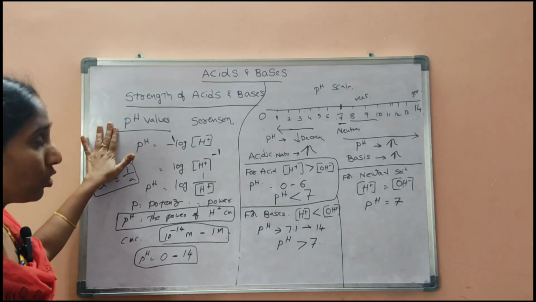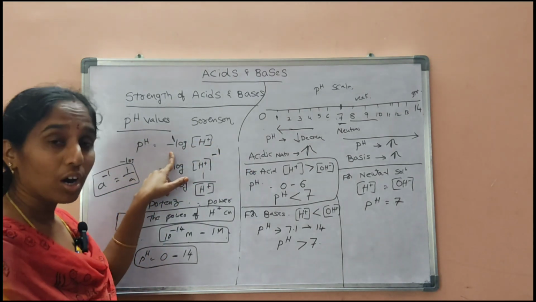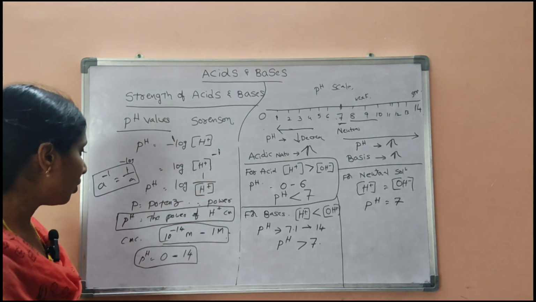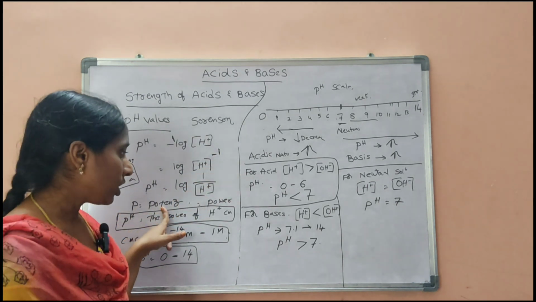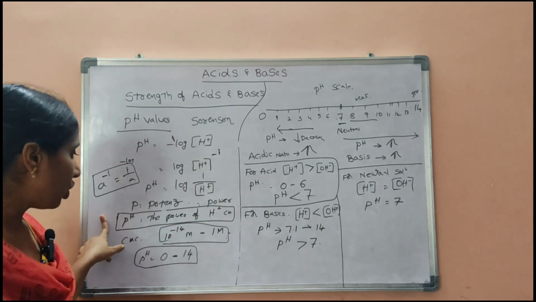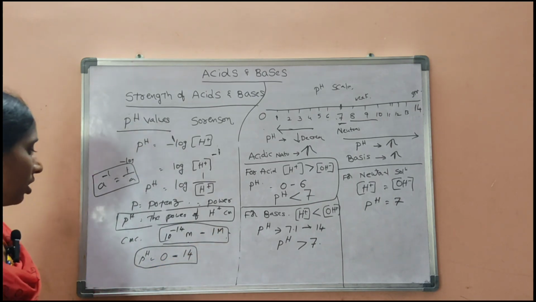The pH value was introduced by Sorensen. pH equals the negative logarithm of hydrogen ion concentration. P means potential; in German, potential means power. pH is the power of hydrogen ion concentration.